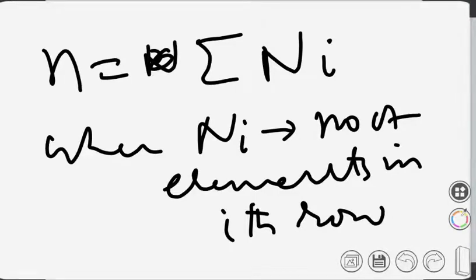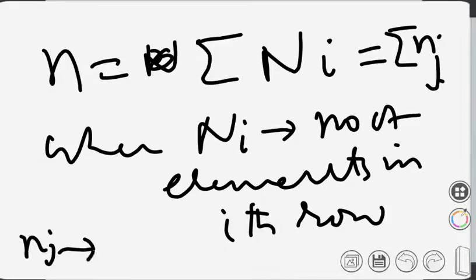Okay? Or it can be written as summation small nj, where small nj will be the number of elements in the jth column. Number of elements in the jth column.